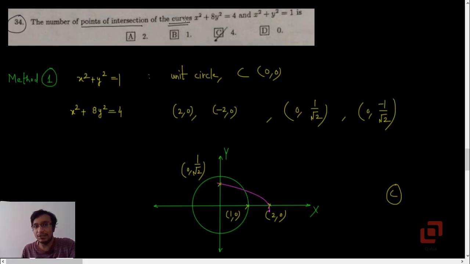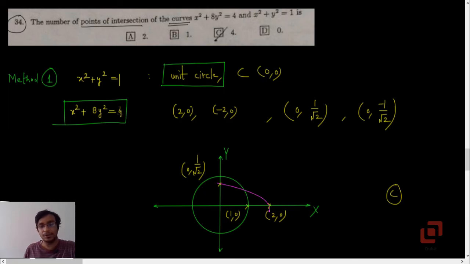Okay, they'll just say curves, but you have to identify that the second one is a unit circle, x squared plus y squared equal to 1, centered at origin, and the first one is an ellipse. Okay, x squared plus 8y squared equal to 4. So if you divide by 4, then it will be in its standard form.